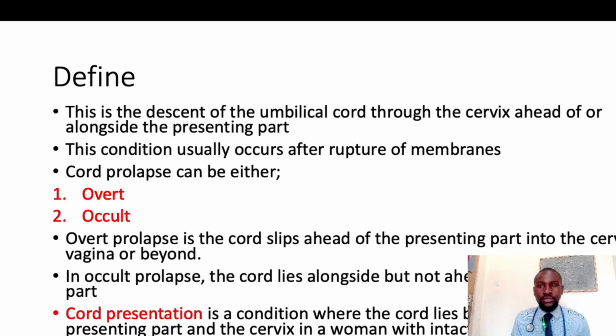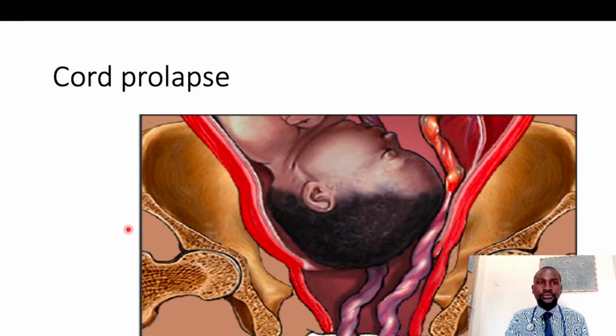And what is the problem here? If you don't know that this is a cord presentation, and then the membranes rupture, the cord can slip and prolapse. If you detect this, you know that if the membranes rupture, the cord may slip and prolapse, and it can eventually lead to an occult cord prolapse or an overt cord prolapse.